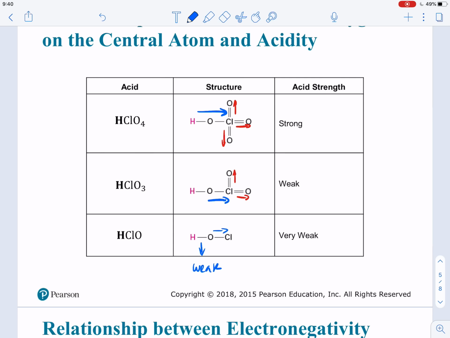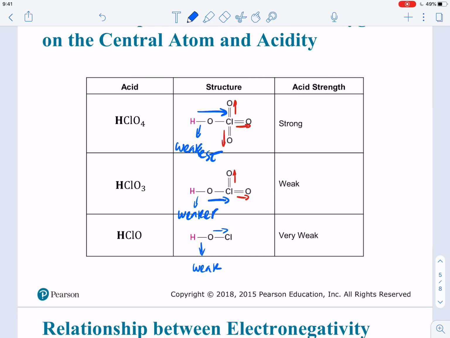So those extra oxygens around the central atom are actually helping chlorine to draw electron density from the oxygen, affecting the hydrogen-oxygen bond, and making it weaker. So this is going to be weaker, and this is going to be the weakest.